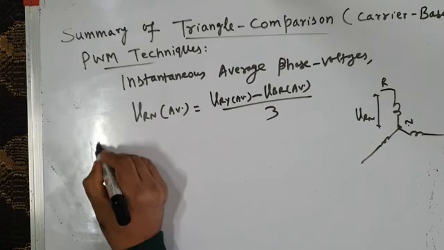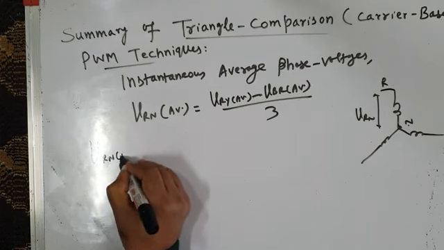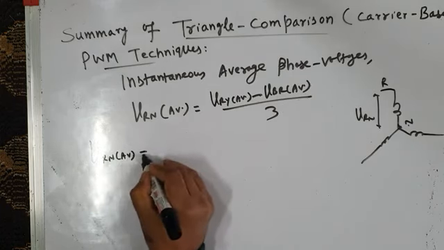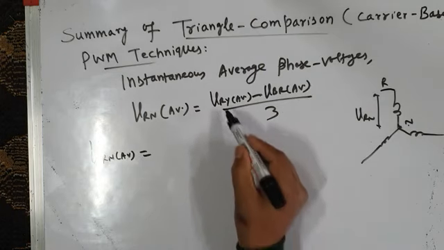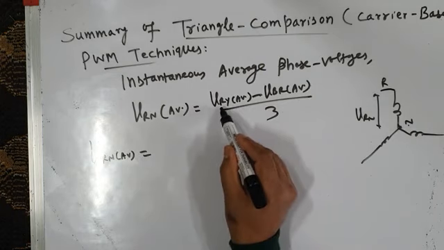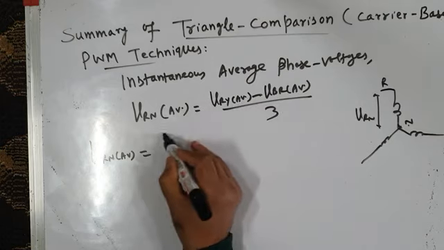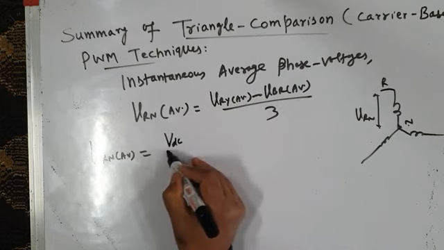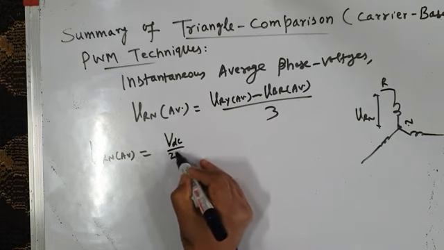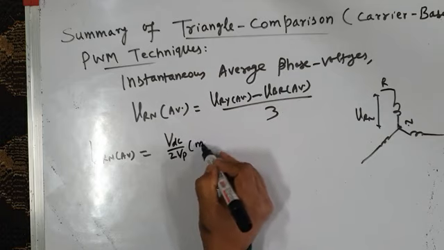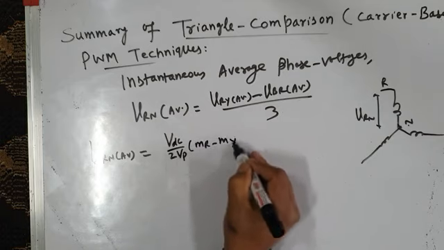Now the instantaneous average value of phase voltage VRN is equal to, what is VRY? It is the average value of line voltage. Just a few moments back it was derived as Vdc by 2Vp into (Mr minus My).